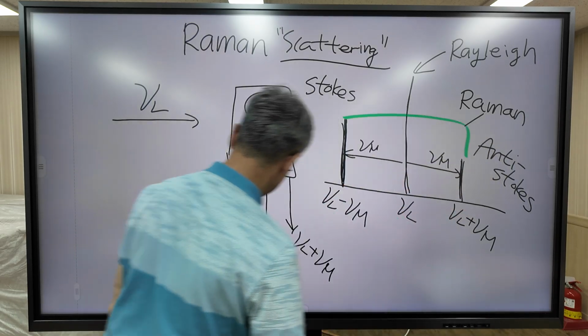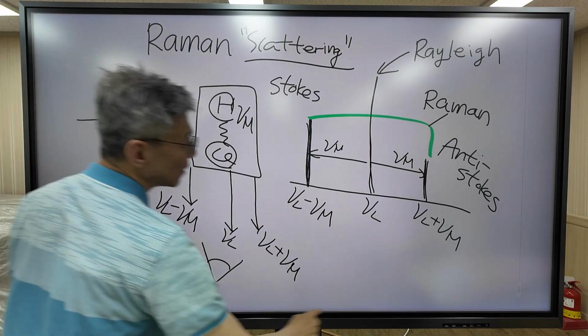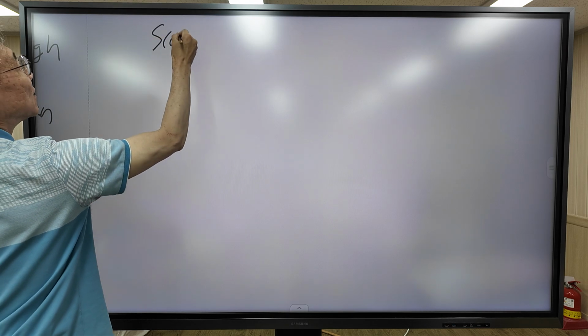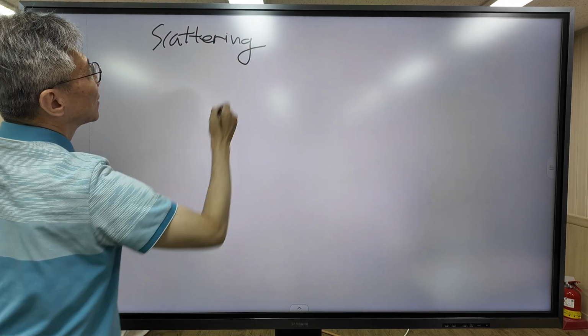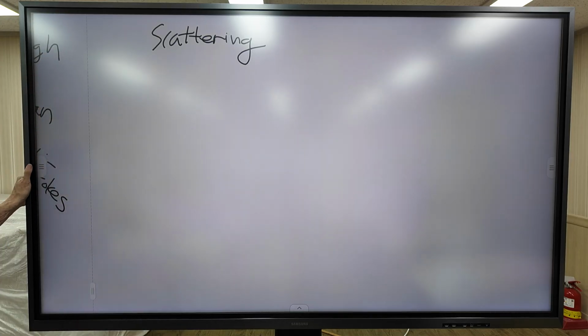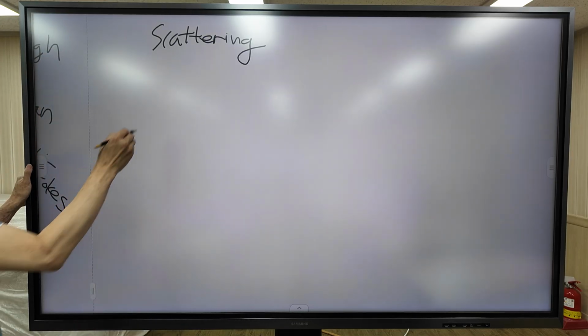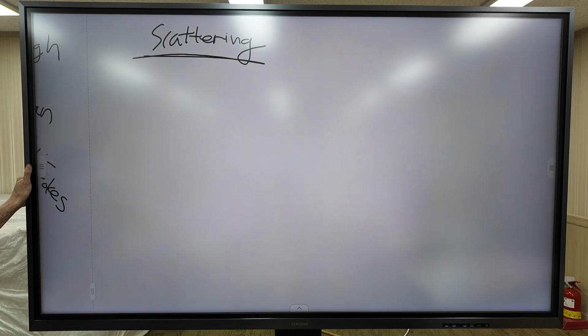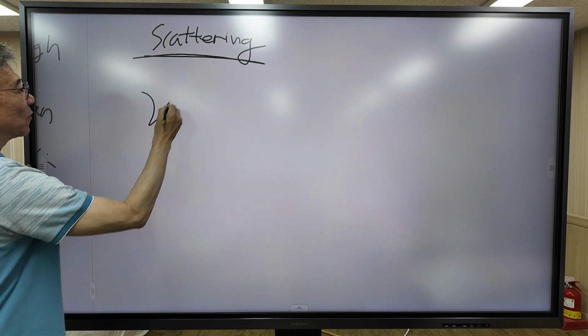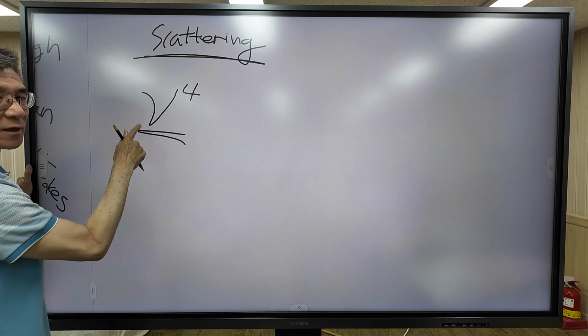For instance, scattering is why the sky is blue. It can be explained using scattering. According to theory, scattering efficiency is proportional to the fourth power of frequency.